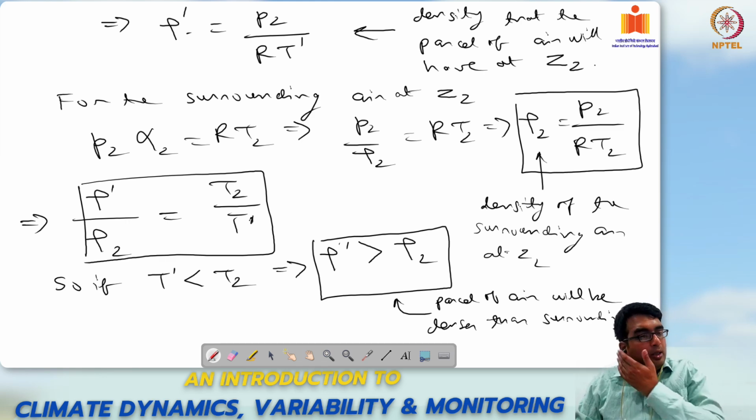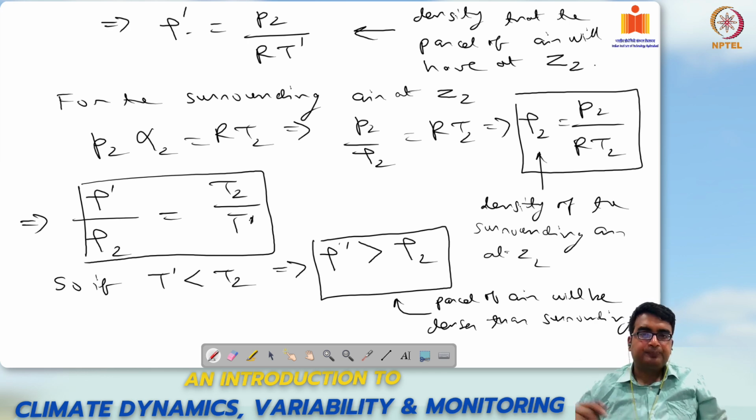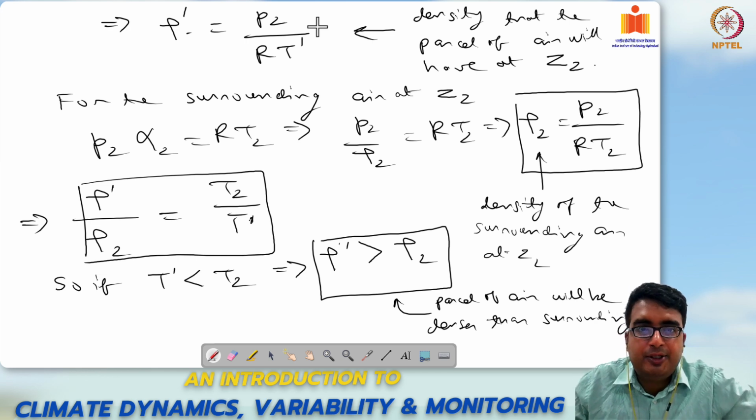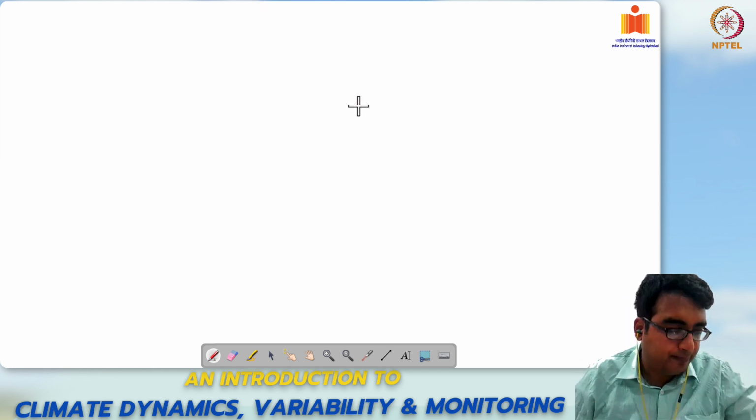We have evaluated the lapse rate for dry air, but we have not derived the lapse rate for the saturated parcel of air, and we will do that as well. So we will start the derivation today and we will continue in the next recording.